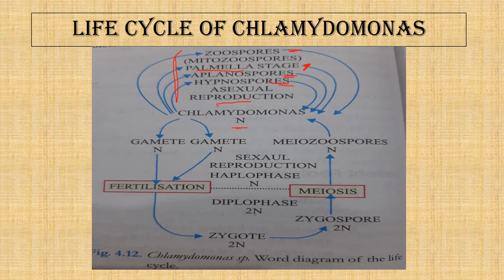In isogamy, the shape and structure of the gametes are the same, but if the gametes are produced from the same parent cell, it is called homothallic isogamy, where there is even chemical similarity among the gametes. But there is another type of isogamy where the gametes are of equal size and shape, but as they are produced from different parent cells, they have different mating types, and this is called heterothallic isogamy, where the shape and size are similar but chemically they are distinct.